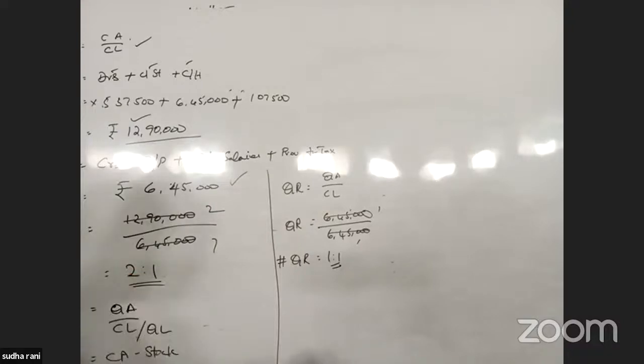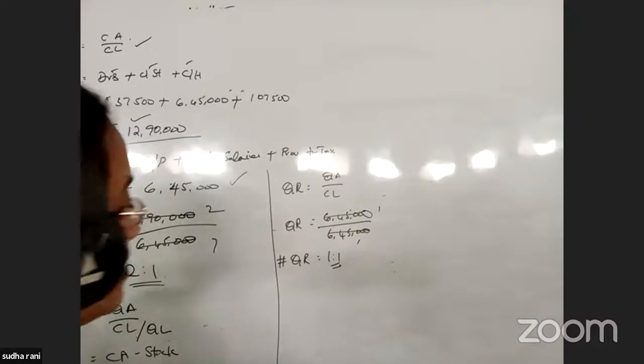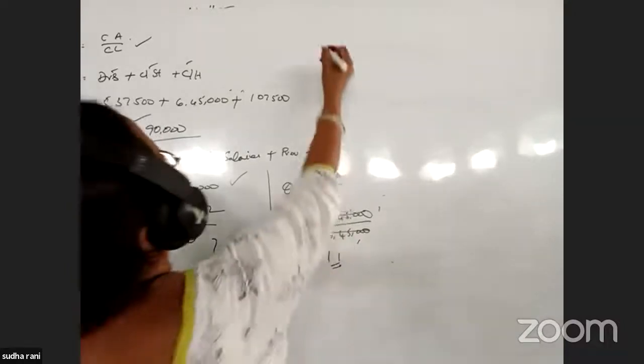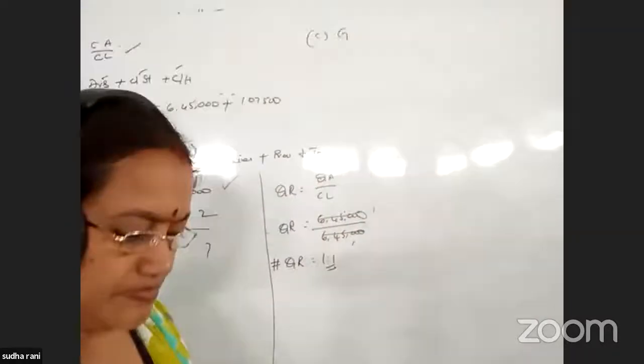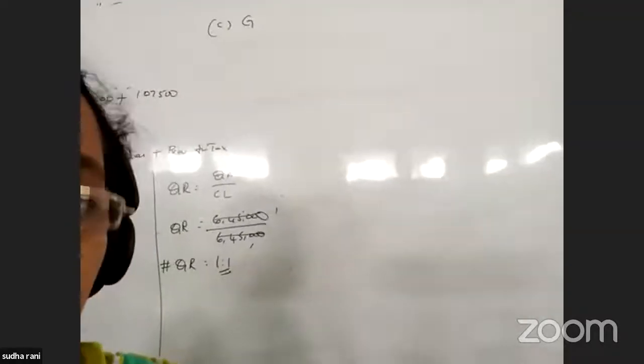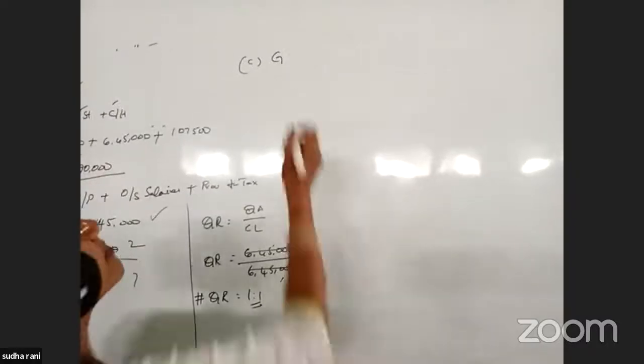The next we have been provided with cost of goods. What is this? Gross profit ratio. I showed you gross profit ratio already. The next one is gross profit ratio.